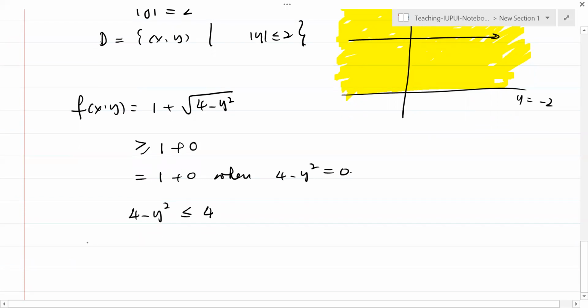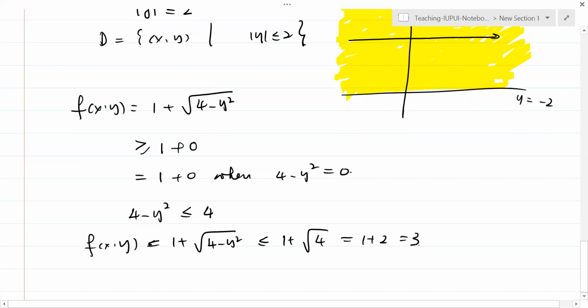So that means f of x, y, for the points in the domain, is at most 1 plus square root of 4, which is 1 plus 2, which is 3. So you get the upper bound, and you get the lower bound.